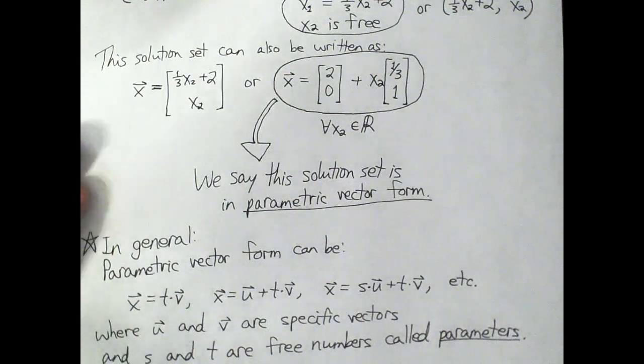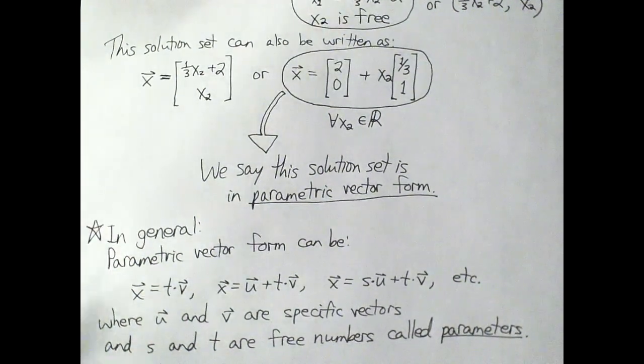So that is why this is called parametric vector form. It's a way of writing a solution set as a combination of parameters and vectors. Parametric vector form. So I'll give you a minute to see all that before we move on.